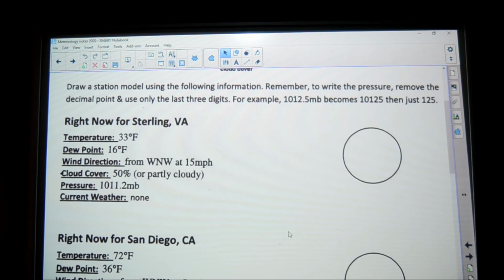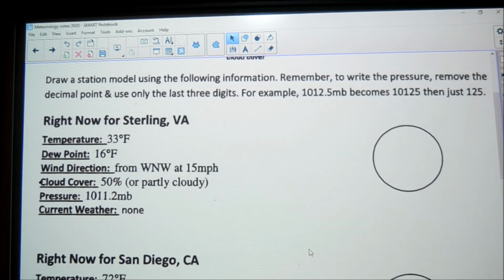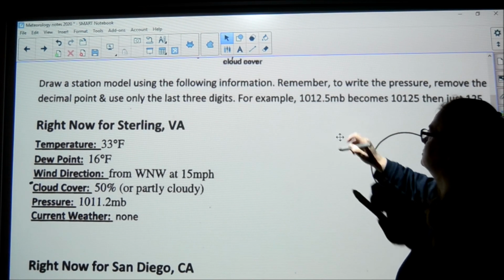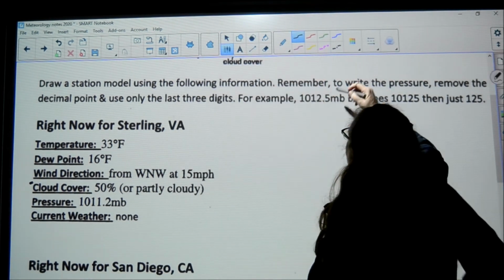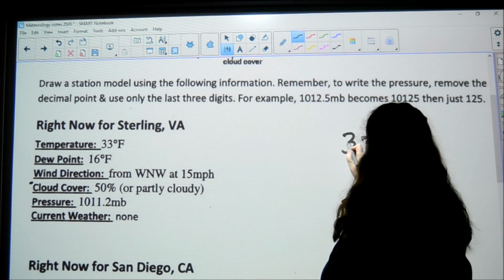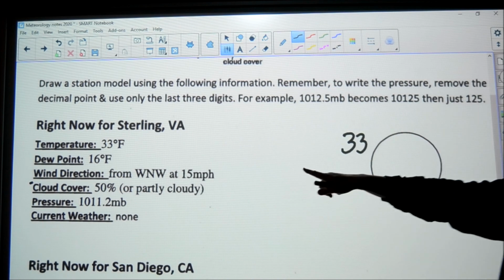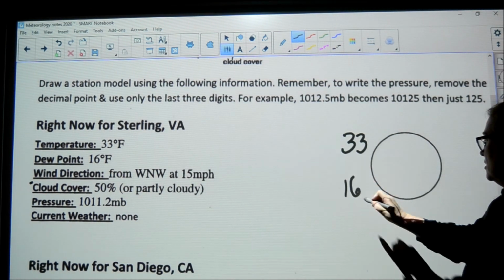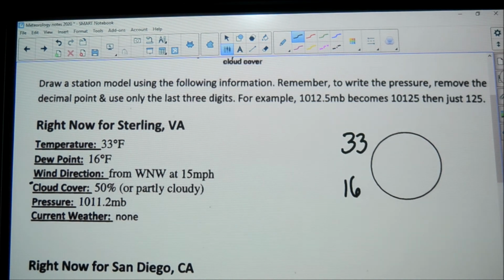You have to think, where does your temperature go? Temperature goes in the upper left-hand corner. Remember, I do not put units. So 33. Then my dew point is directly underneath, 16. Again, I don't put units.